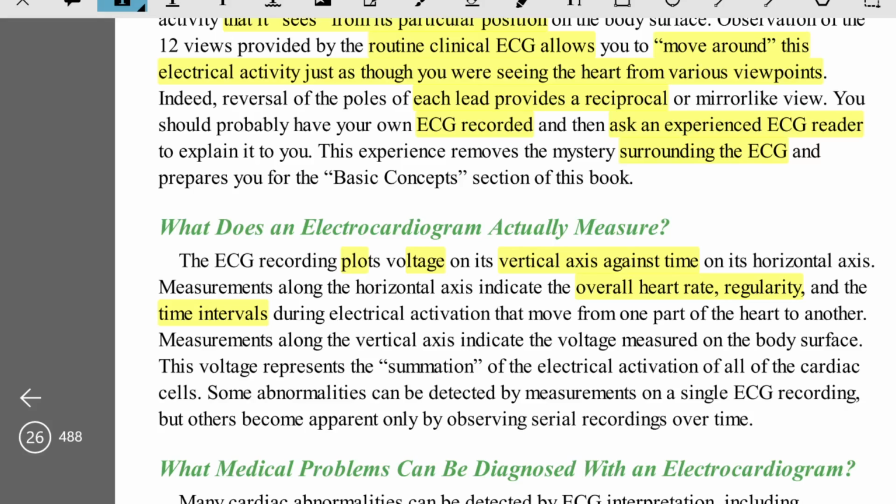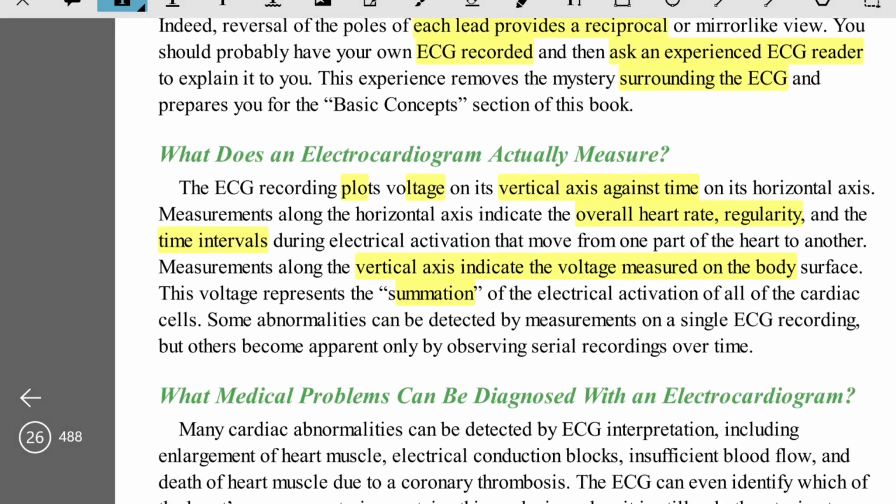The measurements along the vertical axis indicate the voltage measured on the body surface. This voltage represents the summation of the electrical activation of all of the cardiac cells. Some abnormalities can be detected by measurements on a single electrode, a single ECG recording, but others become apparent only by observing serial recordings over time.